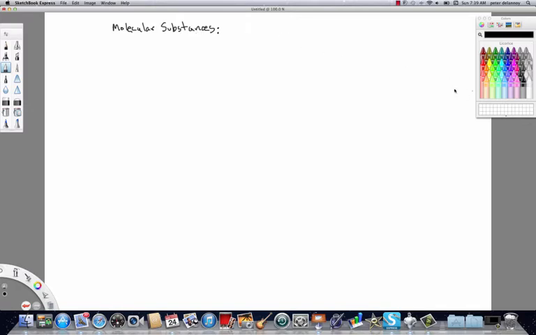So a molecular substance is going to be composed solely of nonmetals in general. All right, and usually the substance is going to consist of molecules.